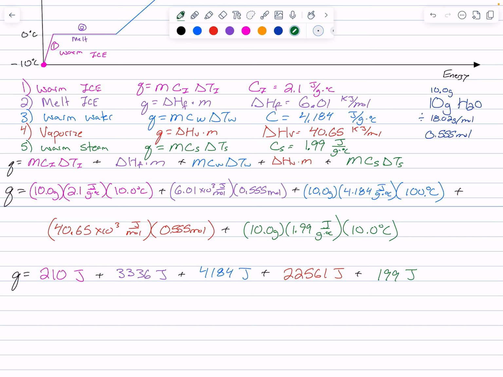And so overall, I'm thinking we're going to get, if I do this, Q would be 30,490 joules, 3 sig figs, 30,500 joules, or 30.5 kilojoules.